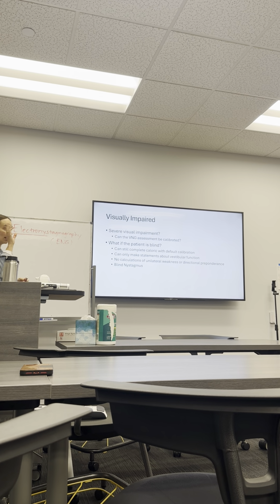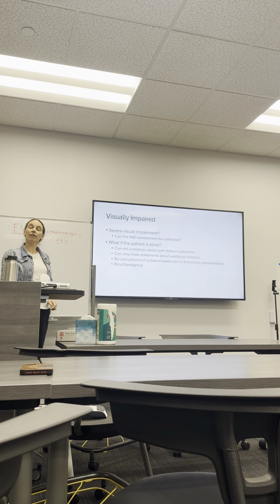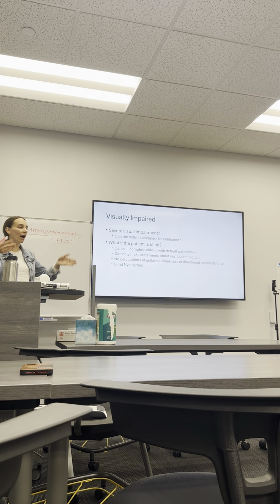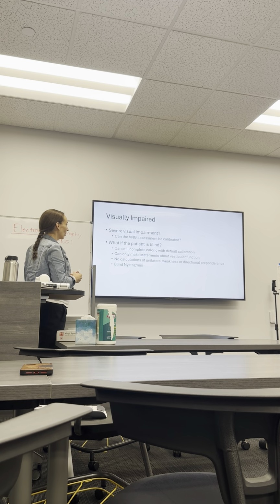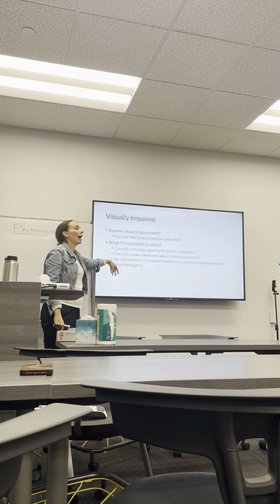What if the patient is blind? We can still do caloric irrigation, meaning putting air or water in the ear in order to excite or inhibit the vestibular system. Why? Because we do not need vision to do this task. And what we can do is we can measure the response. We can only make statements about vestibular function that are vague in nature, present or absent.